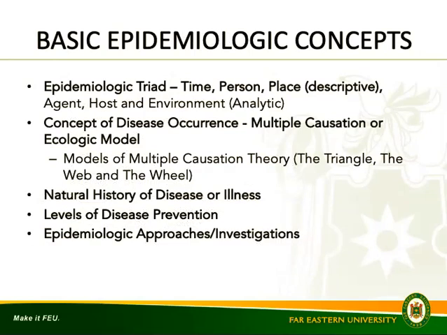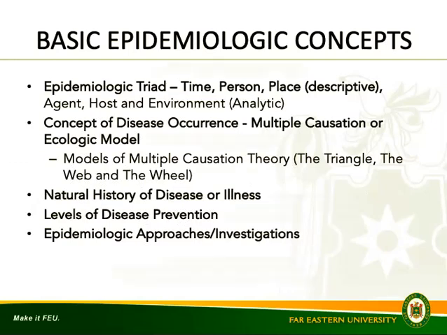As we have discussed the different community reactions, you might have encountered certain concepts that need to be understood very well, so you can describe those community reactions and also gather the appropriate epidemiologic data needed. These basic epidemiologic concepts include the epidemiologic triad, both in descriptive and analytic epidemiology, the concept of disease occurrence and the natural history of disease or illness, as well as the levels of disease prevention as intervention, and the epidemiologic investigation.